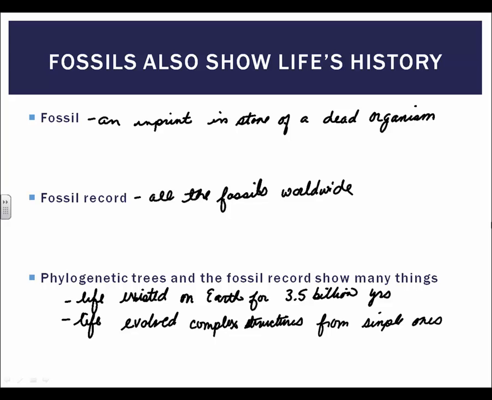Life evolved large sizes from small ones. And then the last thing says natural selection can also favor simplicity and small size. So it doesn't always have to be that we're going to always go from small to big or from simple to large. Sometimes more simplistic things or smaller size is going to be beneficial.